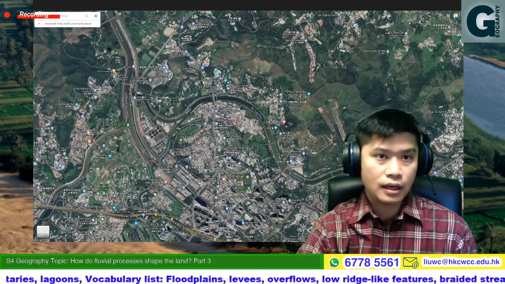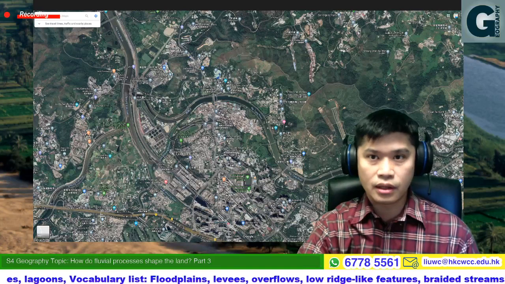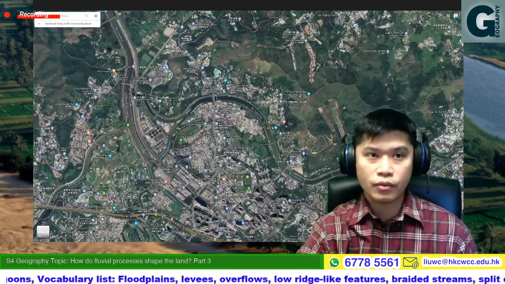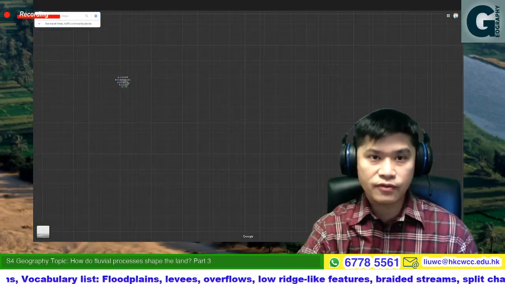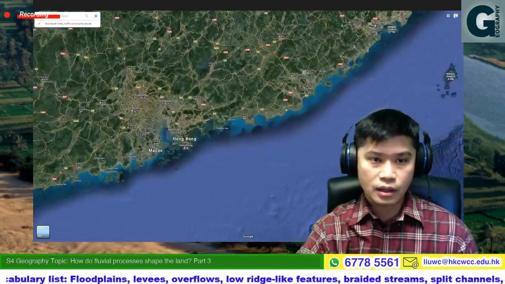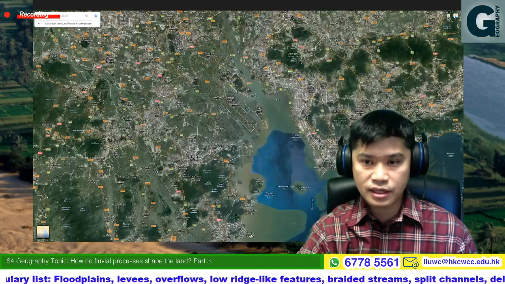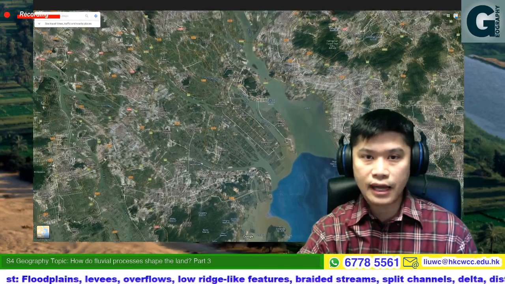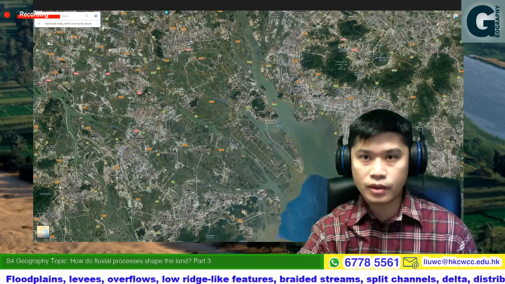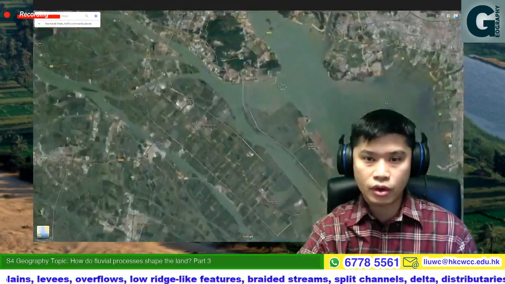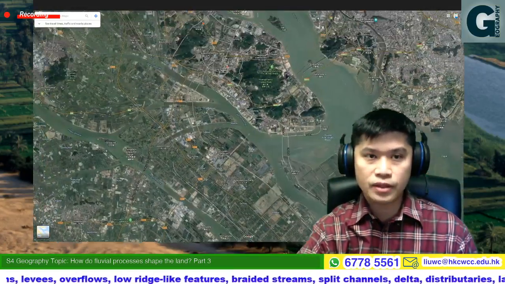So that's why we need to go to other countries, to a foreign country, to have a look at where the floodplain would be. For example, if we go to the Zhujiang Delta here, 珠江三角洲一帶, and move a little northeast of Hong Kong, that area would be the delta.